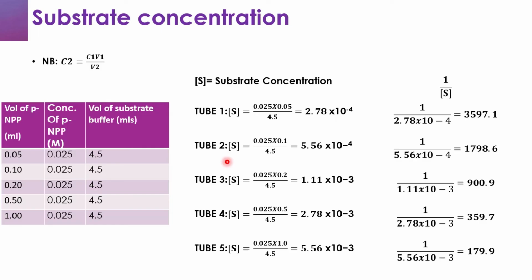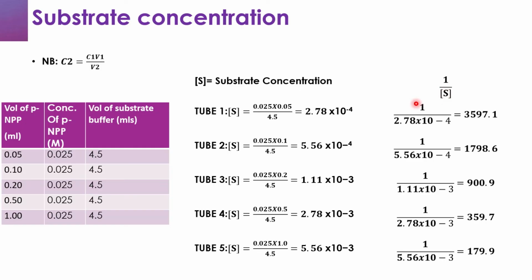If you do the same for the second test tube, you'll get this value. For the third test tube too, we also get this value. For the fourth test tube, you'll get this, and for the fifth test tube, you will also get this value. So when we are done with this, we now find the 1 over S value by taking the inverse, dividing by this value as shown over here.